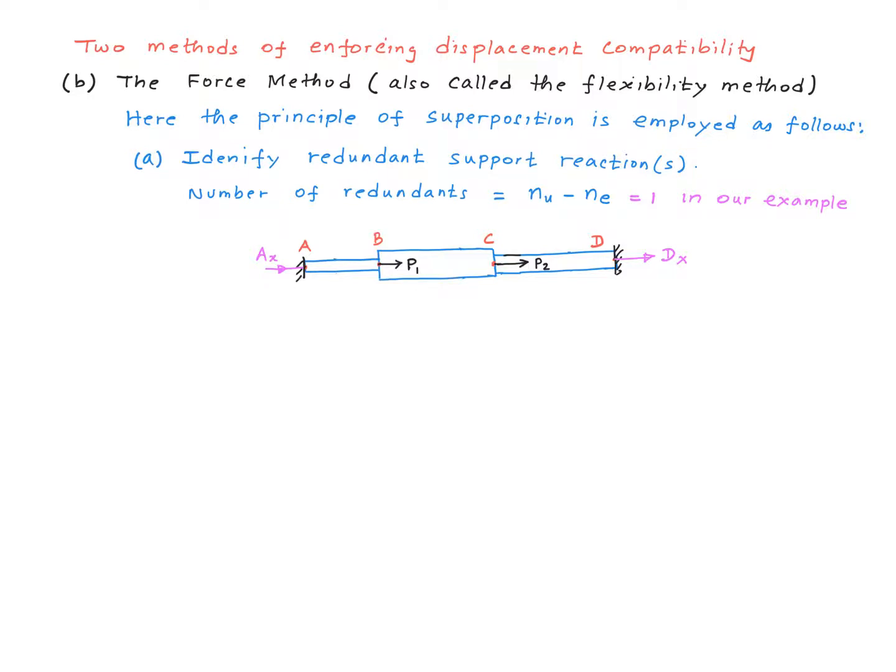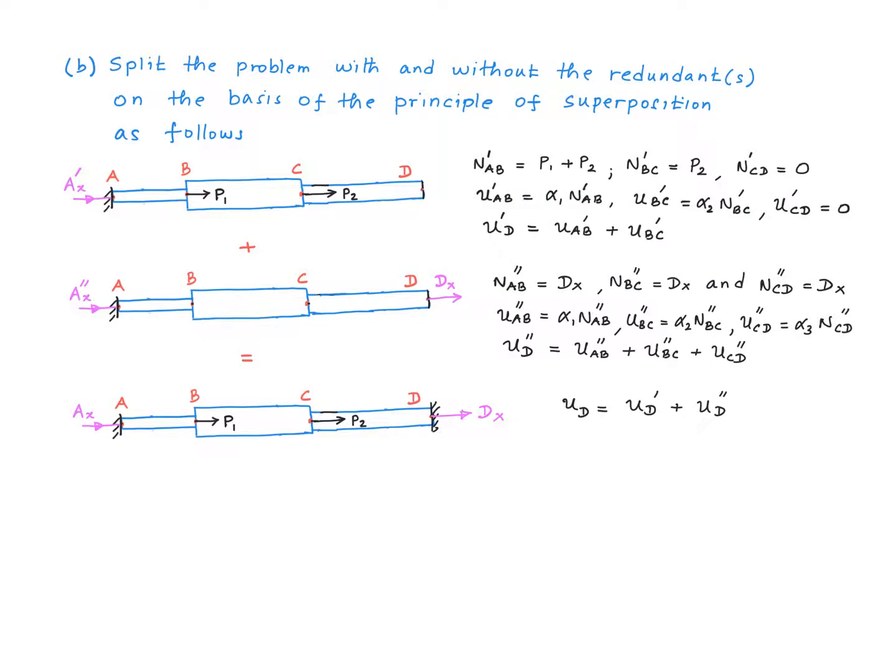In some problems, there could be more than one redundant. The second step is to split the problem with and without the redundants on the basis of the principle of superposition as follows. You see three pictures here, right? So in the first picture, what we have done is we have removed this reaction at point D, because we're going to treat that as our redundant.